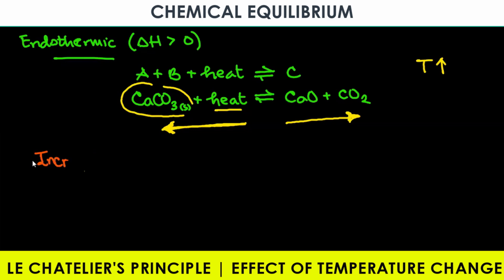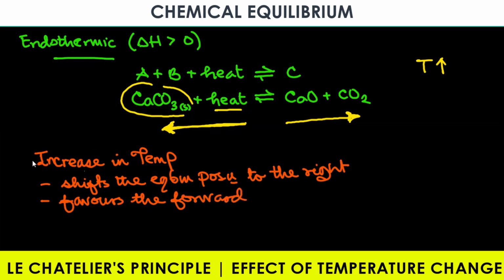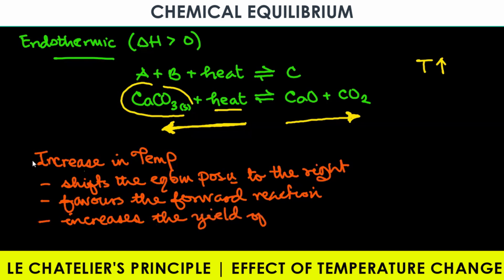So increasing the temperature of an endothermic reaction shifts the equilibrium position to the right, favors the forward reaction, and then increases the yield of the product.